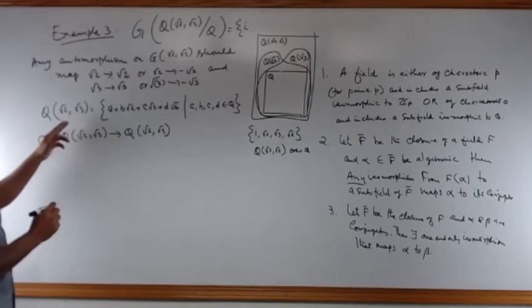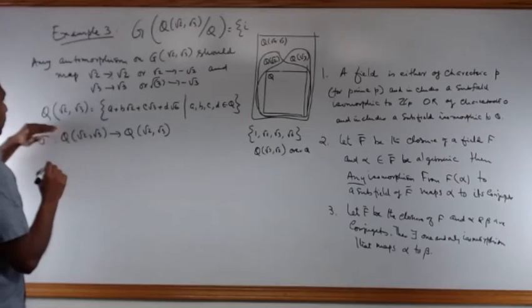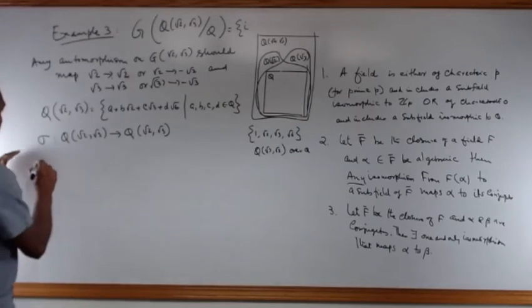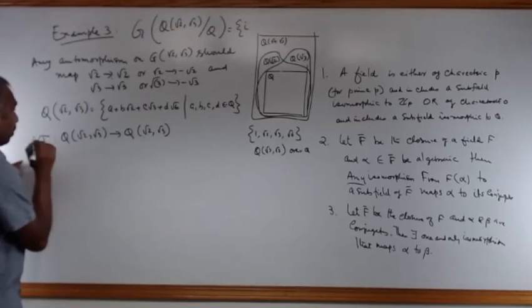So what are the types of automorphism we can have? This can be one of these.